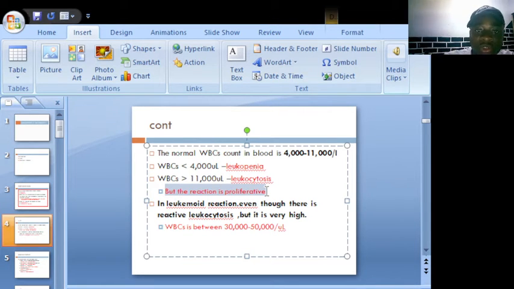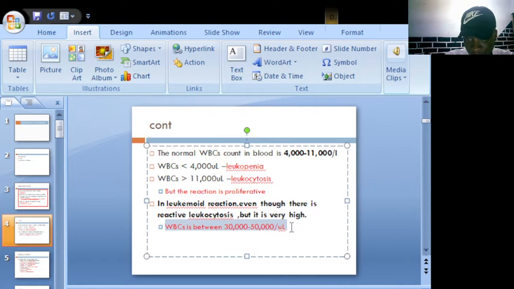It's not as a result of malignancy, it's proliferative. Okay, very important. Now, in leukemia reaction, even though there is a relative leukocytosis, the increased level of WBCs is very, very, very high as compared to the proliferation or the leukocytosis.